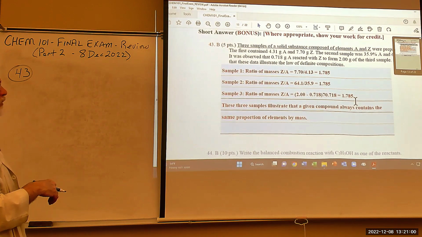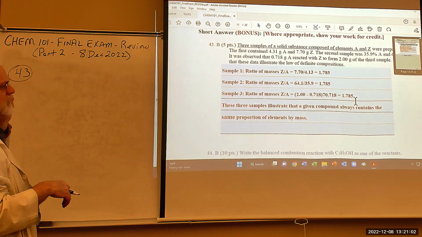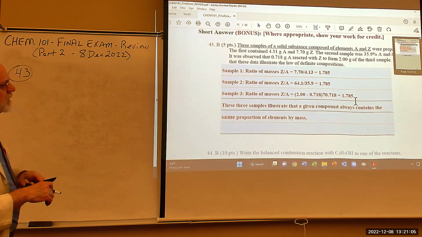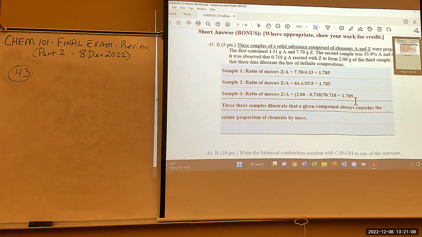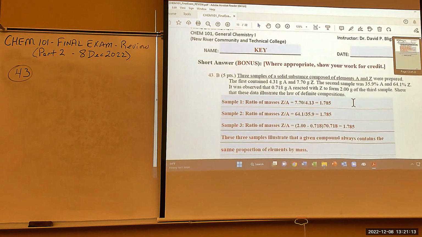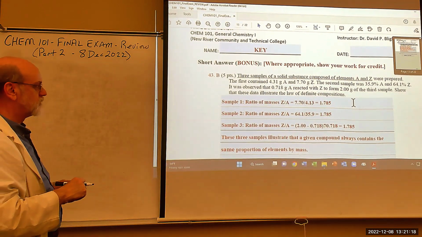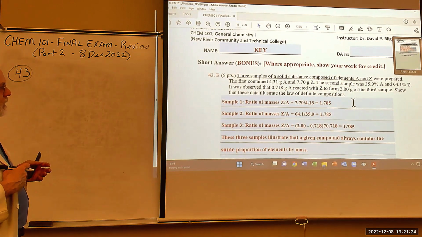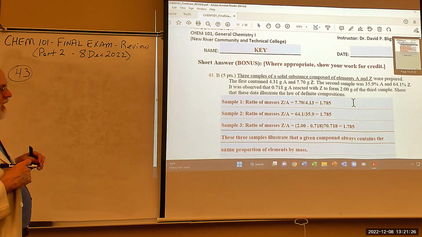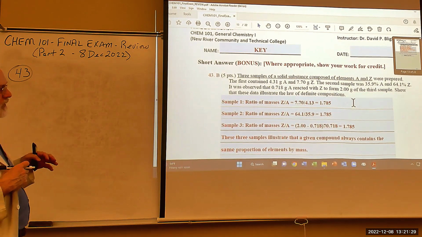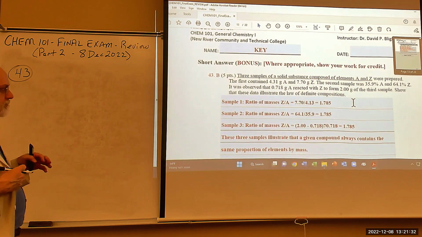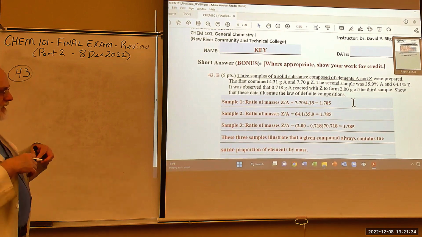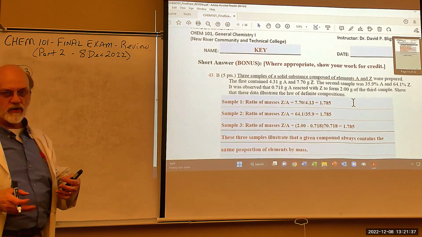The first contained 4.31 grams of A and 7.7 grams of Z. The second had 35.9% A and 64.1% Z. It was observed that 0.718 grams of A reacted with Z to form 2 grams of the third sample. So how does this demonstrate the law of definite proportions?